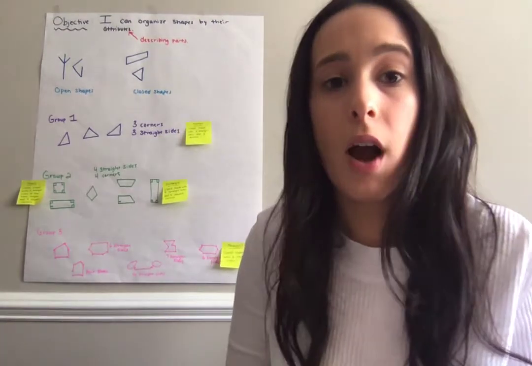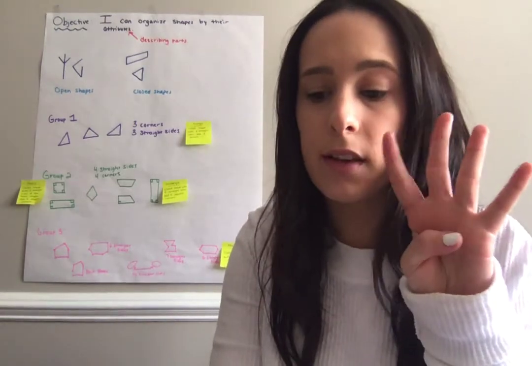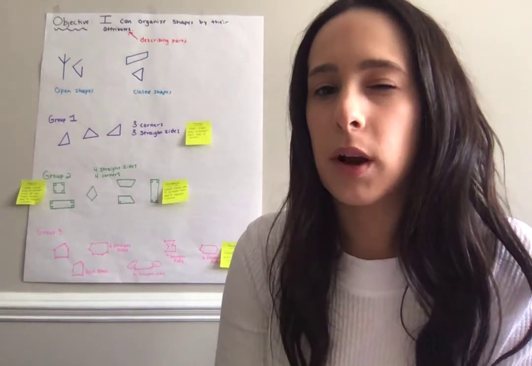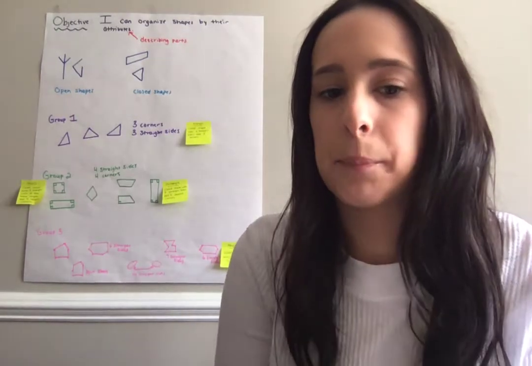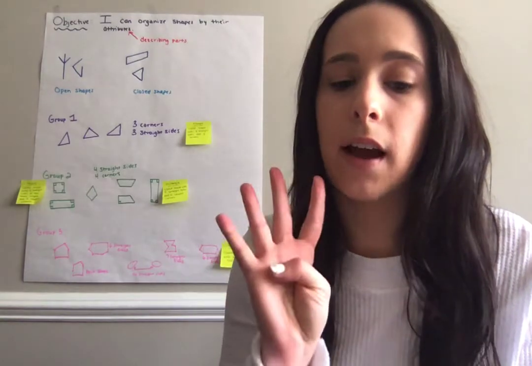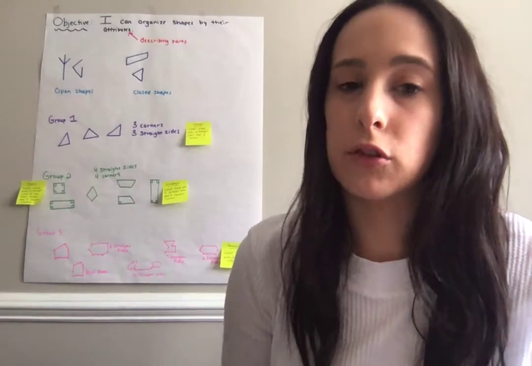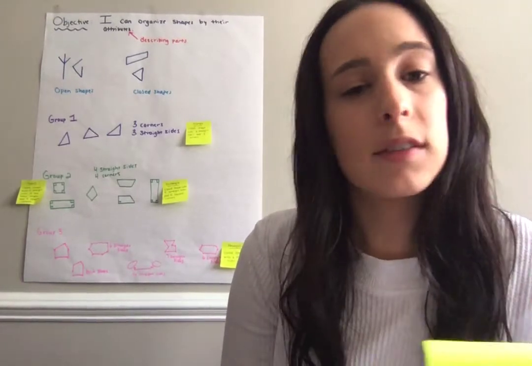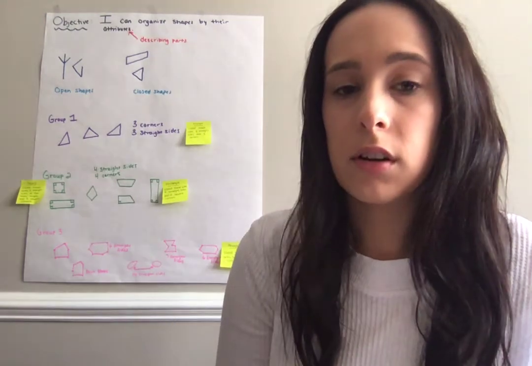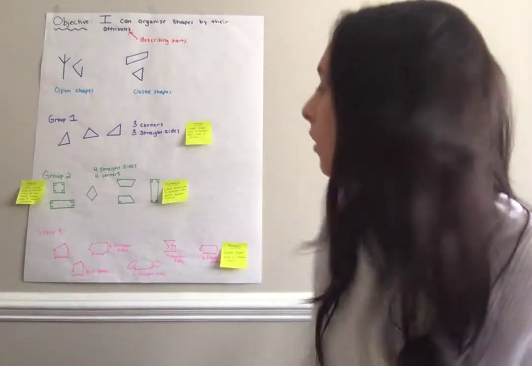Next, we have a rhombus. A rhombus is a closed shape with 4 straight sides of the same length. So this is similar to a square, but it's missing something. I'm going to read it again. A rhombus is a closed shape with 4 straight sides of the same length. So similar to a square, it has 4 straight sides of the same length, but what's different is it doesn't have 4 right corners or 4 right angles or 4 square corners.